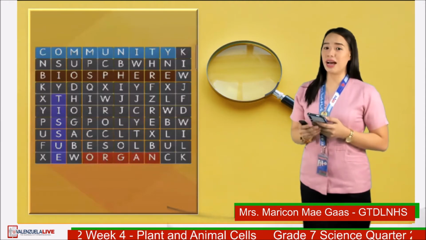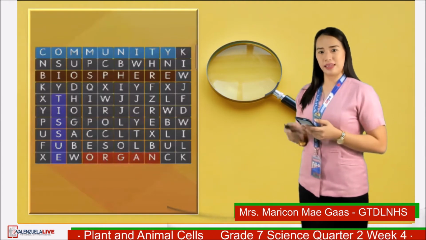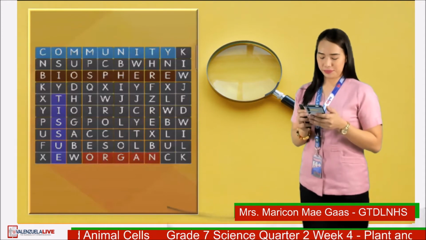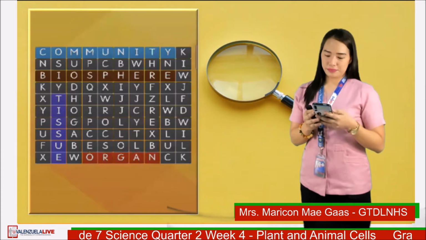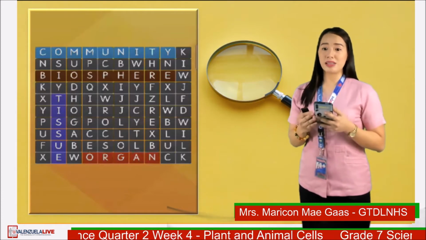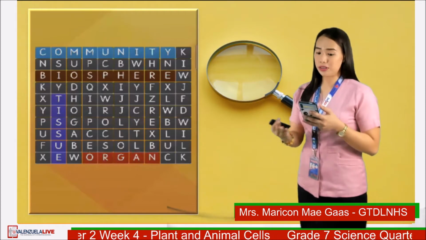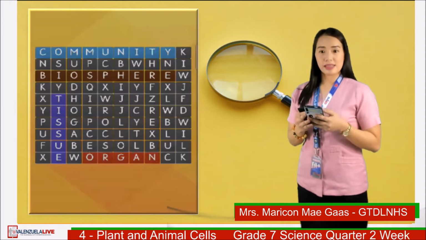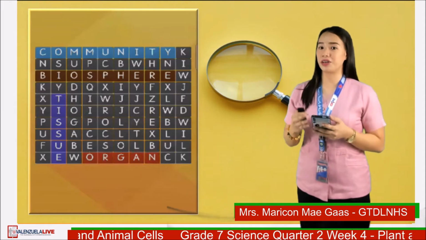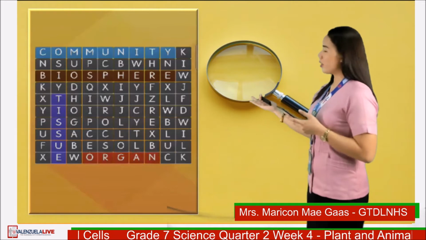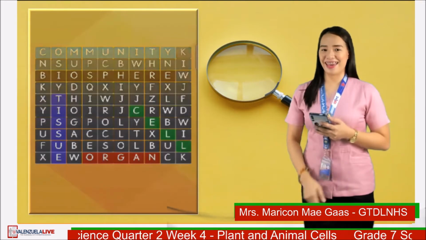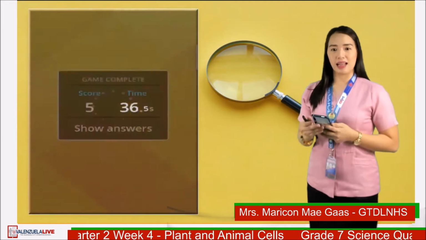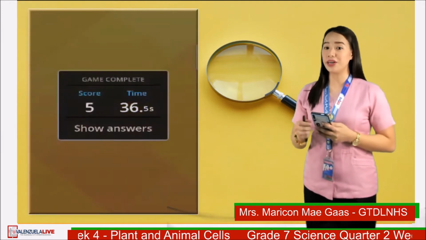And our last word, what do you think it is? Okay, most of the answer from the word search is cell. Let us find out if there's a cell in our word search. Correct! The answer is cell. You are really learning a lot.